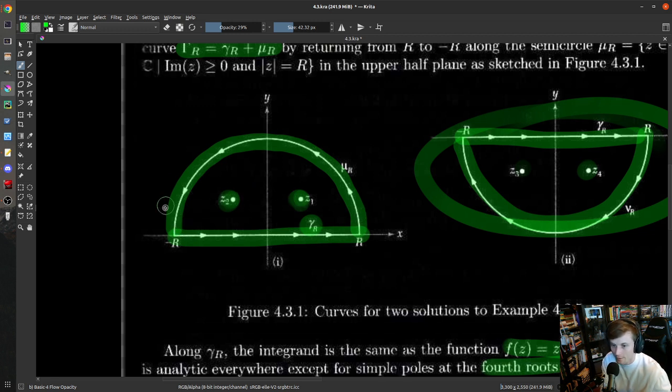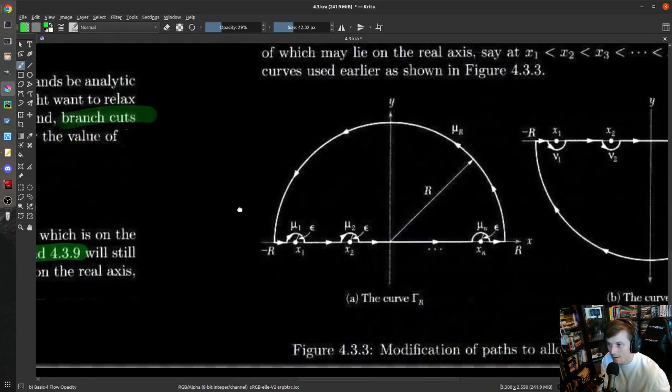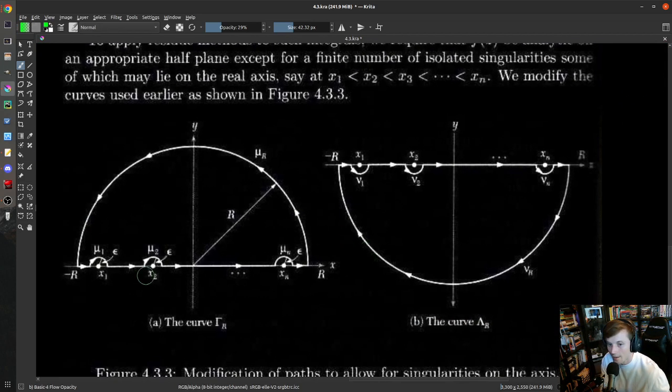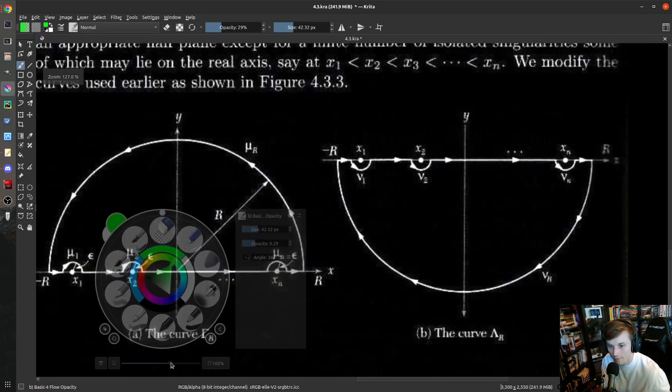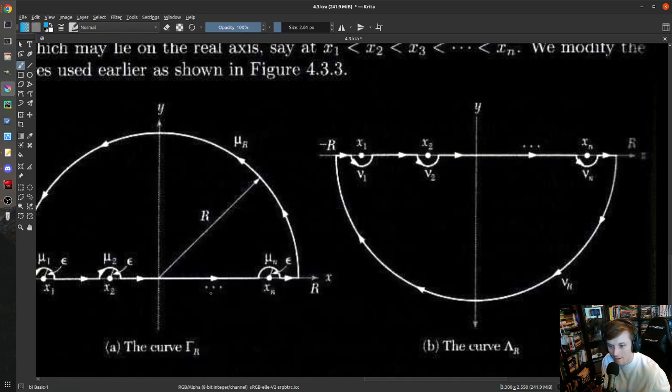We showed that this top part of the circle, as r went to infinity, the integral of the function along this chunk went to 0. We're going to basically do exactly the same thing, except now we're going to form these. Let me put a different color pen.